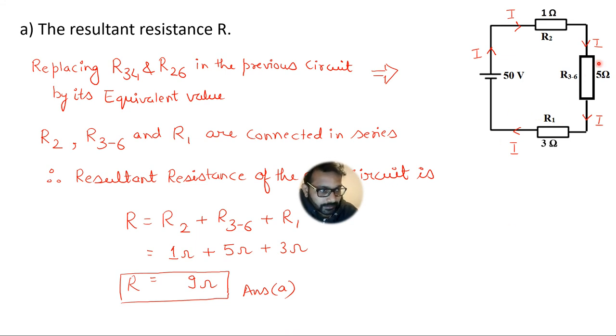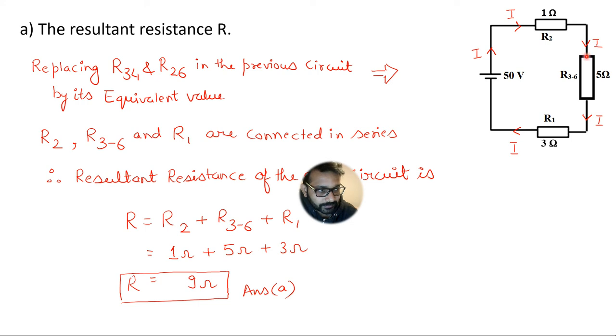So as you can see, I have replaced the two resistances by its equivalent value of 5 ohms. Now again I have kept the tracing of current in the circuit. The supply current I is flowing through R2, and since there is no other path after R2, it has to flow through R36.